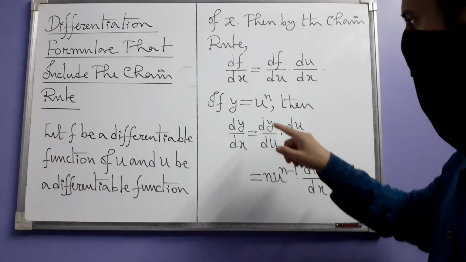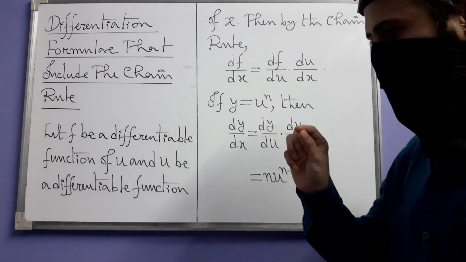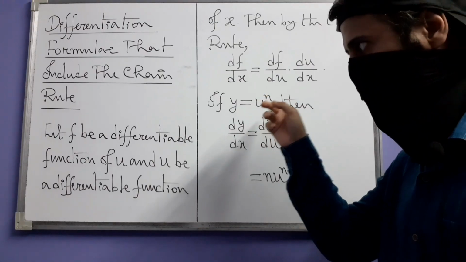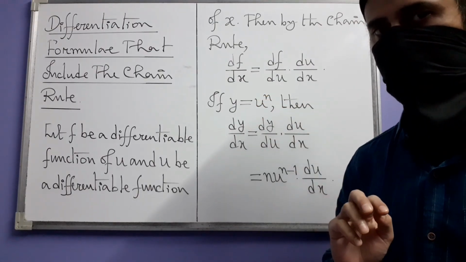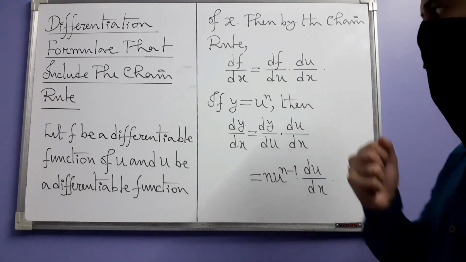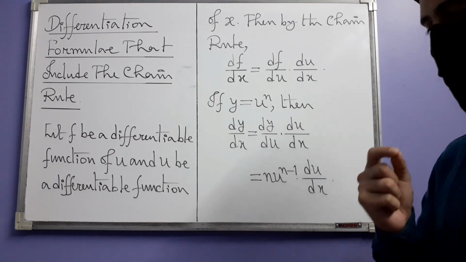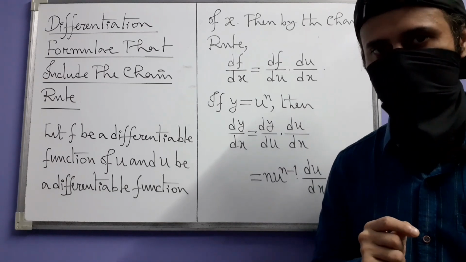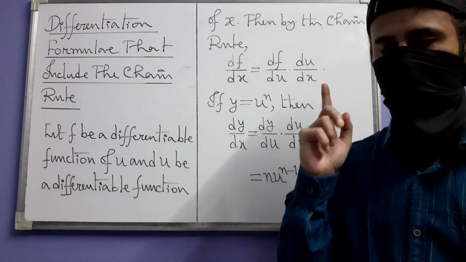We know that u is a differentiable function of some variable x, and f is this particular function of u to the power n. How do we know that f is also differentiable? Well, that comes from your product rule for differentiation. You recall the product rule.